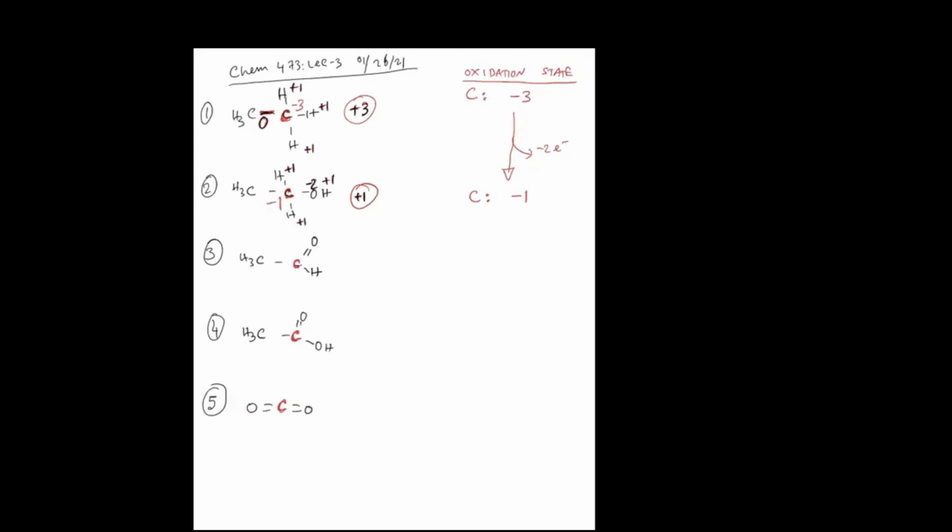How do we calculate the charges on the aldehyde? This is still +1, oxygen -2, so I have a net of -1 here. Then that means my carbon must be +1, since it's still a neutral compound. Make sense? So here the carbon is +1. Again, it's a 2-electron oxidation.